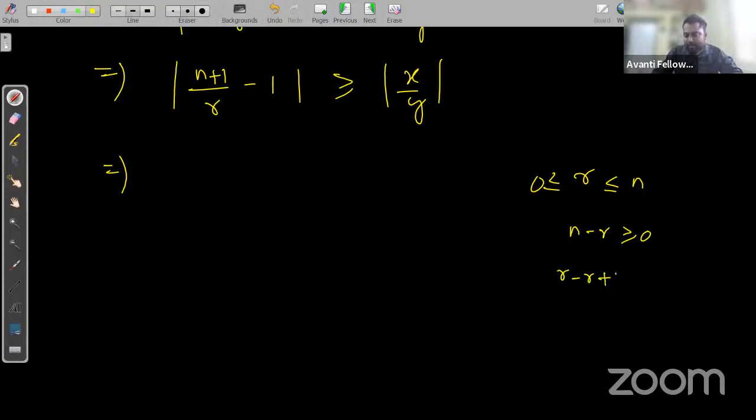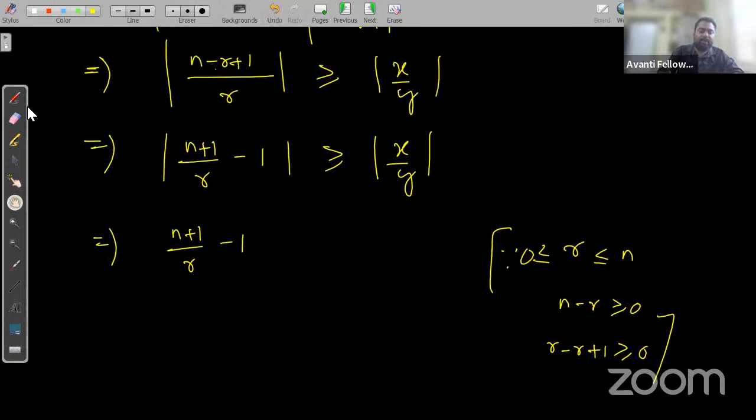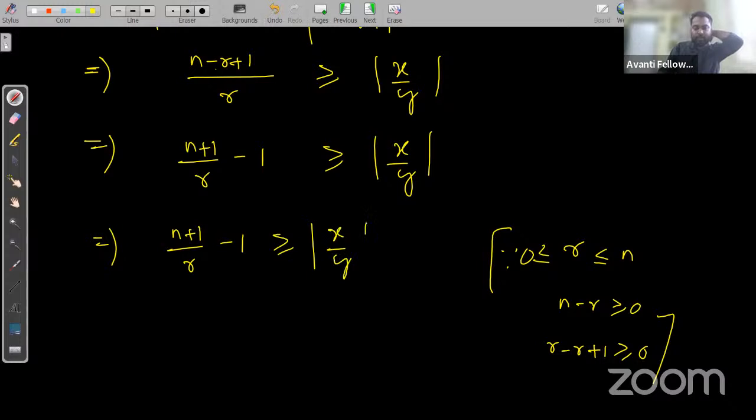That means n minus r plus 1 is also positive. So we don't need to take the modulus in the left hand side of this inequality because it is always positive. That means we can write this as n plus 1 by r minus 1. From here also we can erase the modulus because n minus r plus 1 is positive, r is positive, simple. So this is greater than or equal to mod of x upon y.